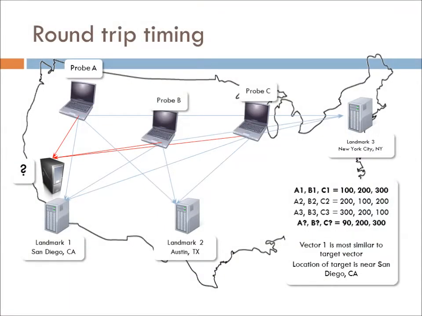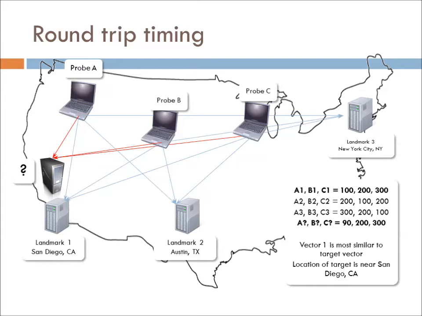Here we have three different probe machines, A, B, and C. We have three different landmark machines, one in San Diego, one in Austin, Texas, and another in New York City. And the computer on the left side in California there, we don't know it's in California yet, but it's got a question mark there, and that's the one we're testing.